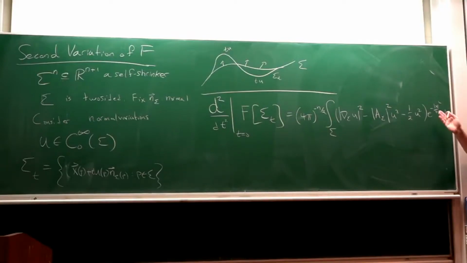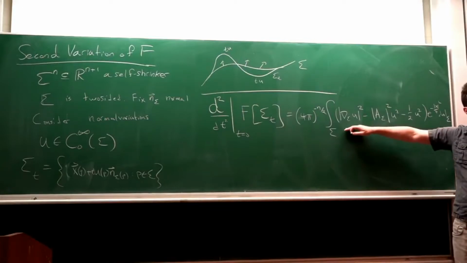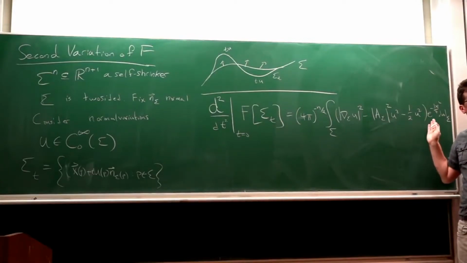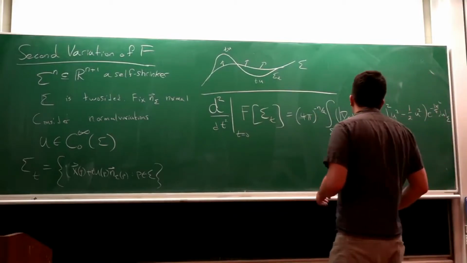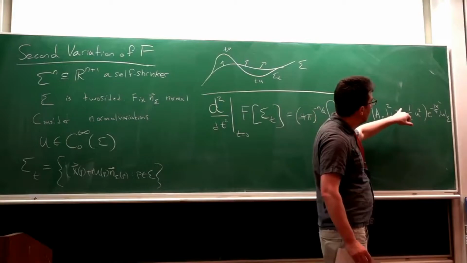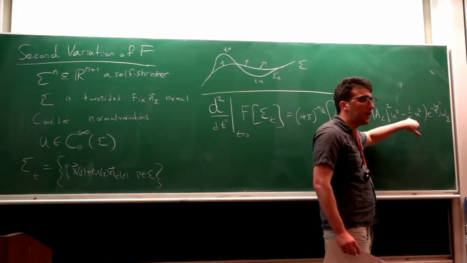There's this weight factor here, which of course has to be there because we're considering weighted volume. This is what you would expect from the second variation formula for area. And then we get this extra minus one half term, which again has to do with the weight. If you like, this has to do with the fact that somehow the Ricci curvature of the Gaussian soliton is positive.